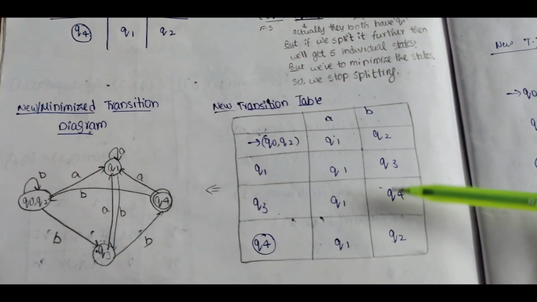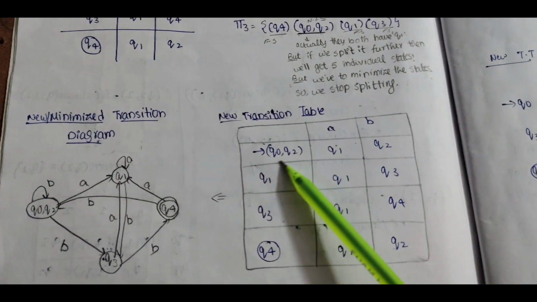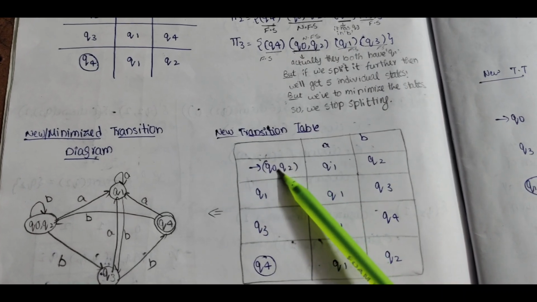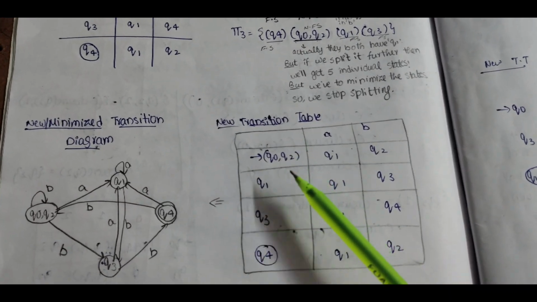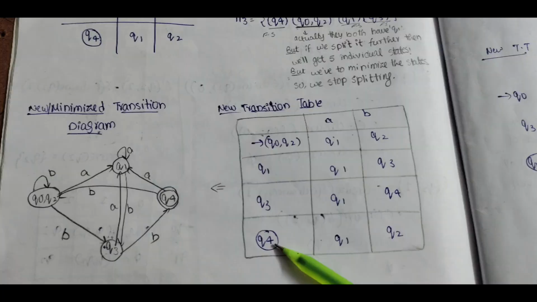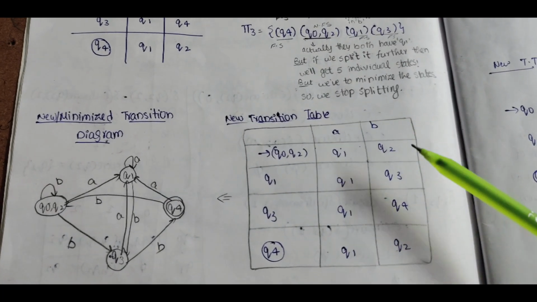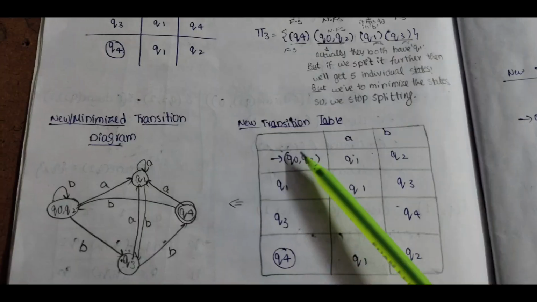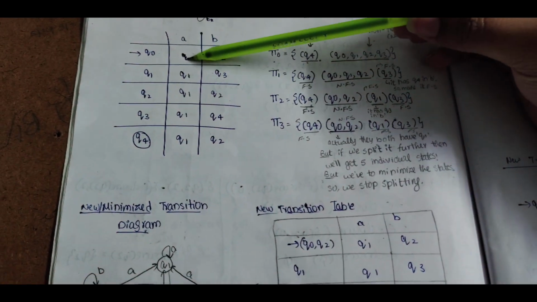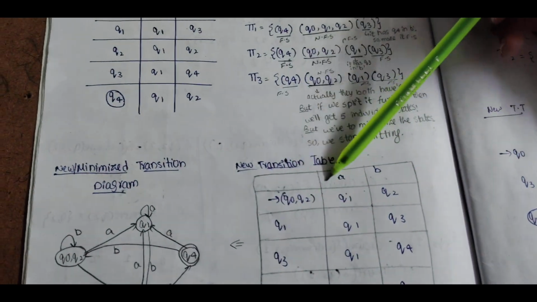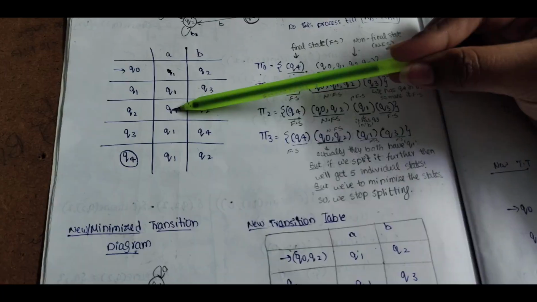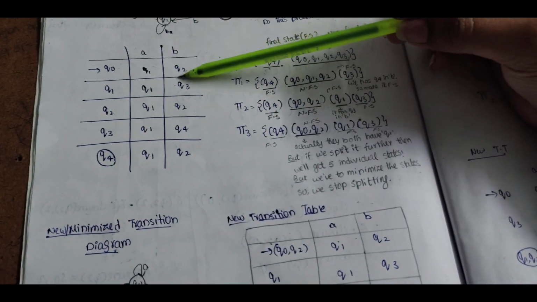So now we have to draw the new transition table. We'll take Q0, Q2 as a single state, as the initial state Q1, Q3, and Q4 as the final state. On input alphabets A and B, we have to write the transitions. Q0 on A goes to Q1, Q2 on A goes to Q1 as well, and Q0 on B goes to Q2, Q2 on B goes to Q2 as well.